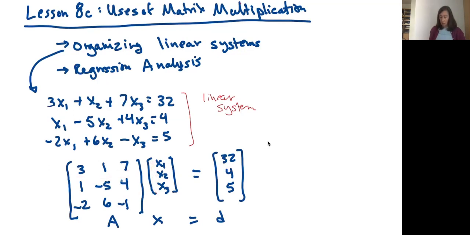We get 3x1 plus 1x2 plus 7x3 equals 32. To get the 2,1 element of the product, it says that is 1 times x1, there it is, minus 5 times x2, you got it, plus 4 times x3 equals 4, okay?